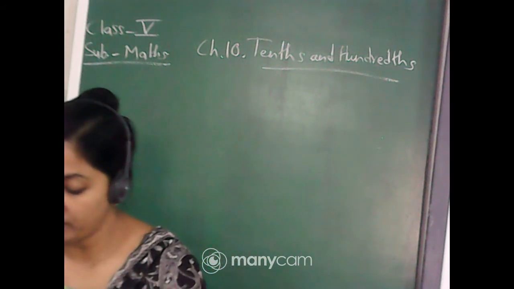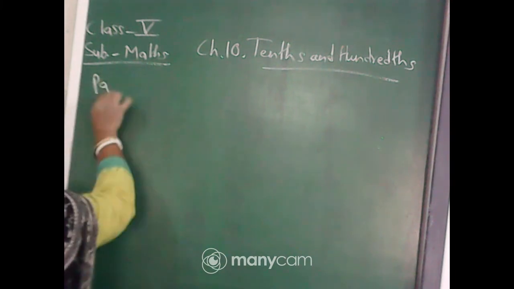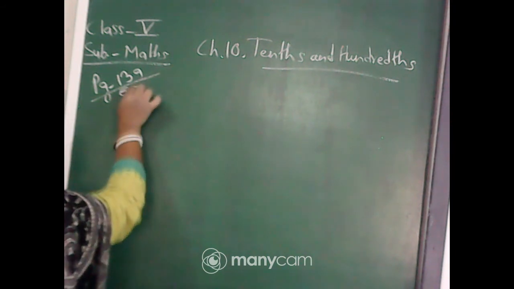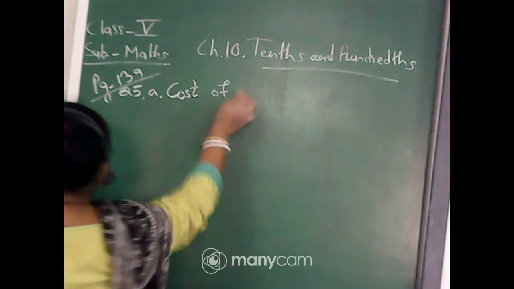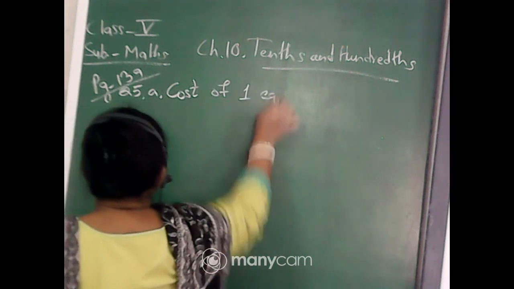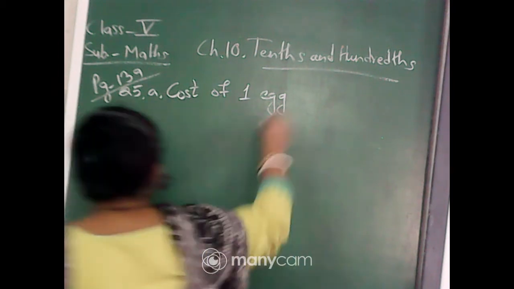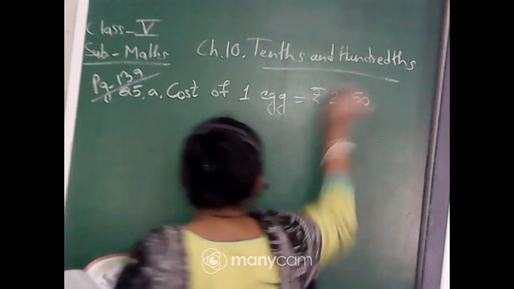Question number 5a. Cost of one egg, or an egg, you can write either one or an. Cost of one egg is equal to rupees 2 and 50 paise.